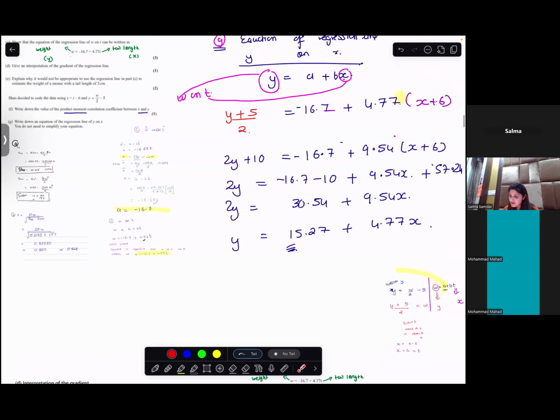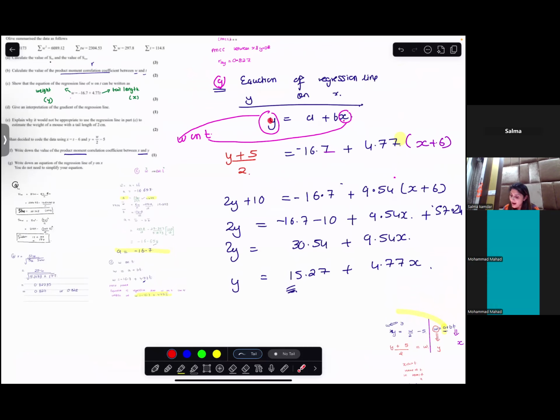You just have to remember y is w and x is t. So for w, make w the subject over here and make t the subject over here, and substitute the value of w and t in the equation, w is equal to a plus bt.